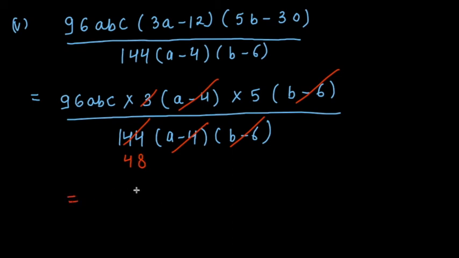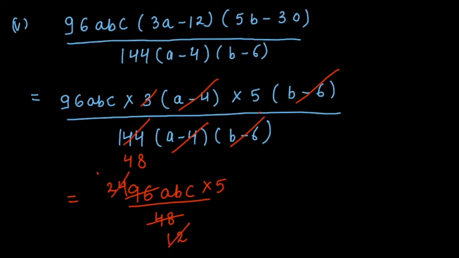So now you are having 96abc upon 48 and this 5 is also here, so into 5. How many times? If you want to cancel it with 4: 4 ones are 4, 4 twos are 8, and then you are left with 4 fours are 16. Now 12 twos are 24. You are having 2 into 5abc, which gives you 10abc, which will be your answer of this question.